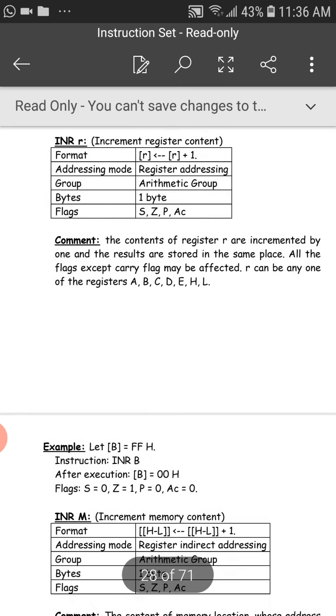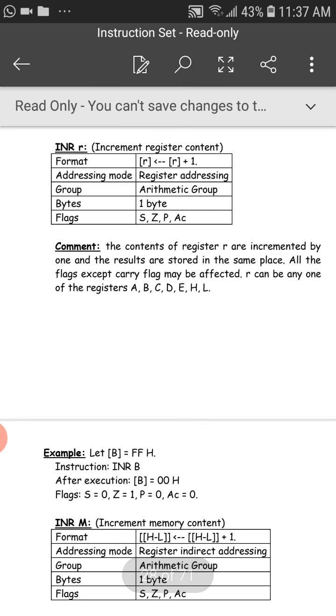Then next is increment, means you have to increment the register contents. If your register contains 33, then you increment plus 1, that is 34. See here, the format is R plus 1 and the result is stored in R. This is a register addressing mode.